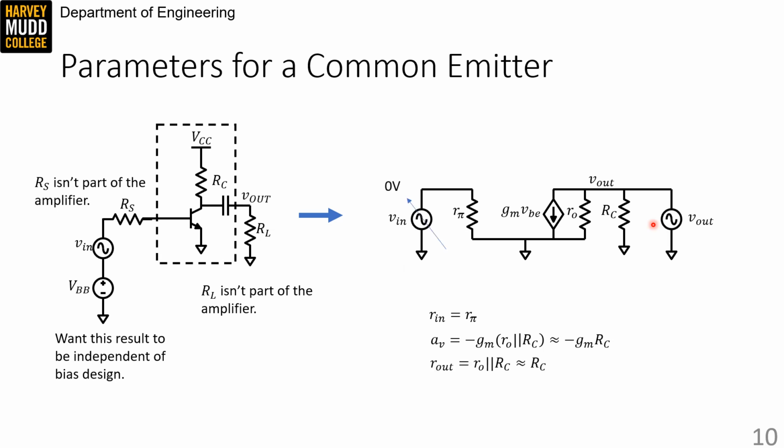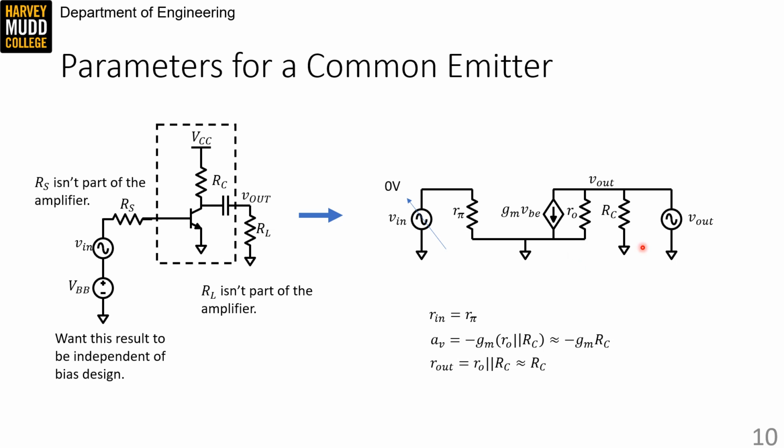Finally, we shut off Vin and add a test source at the output to find Rout. The gm vbe source is forced to 0 by having 0 input voltage, so we can just ignore this. Which means the output source just sees Ro in parallel with RC.